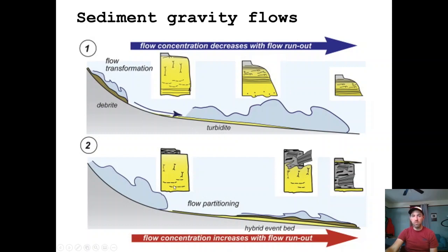Sometimes you initiate with something like a low density or a low concentration flow, like say if you had a situation where you started out with a hyperpycnal flow. So it starts out as a lower concentration turbidity current, and because of the momentum and because of the shear stress exerted by that flow on the bed, as it runs out, it can either incorporate more sediment and become a more high density flow, or it can trigger other failure mechanisms along its way and can actually result in a more high density flow environment.